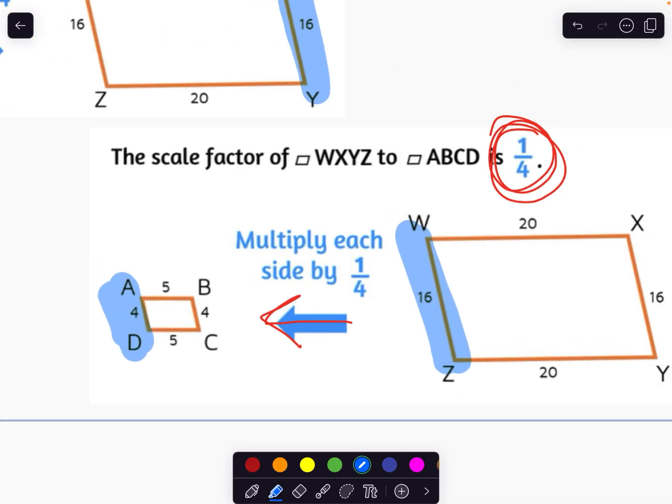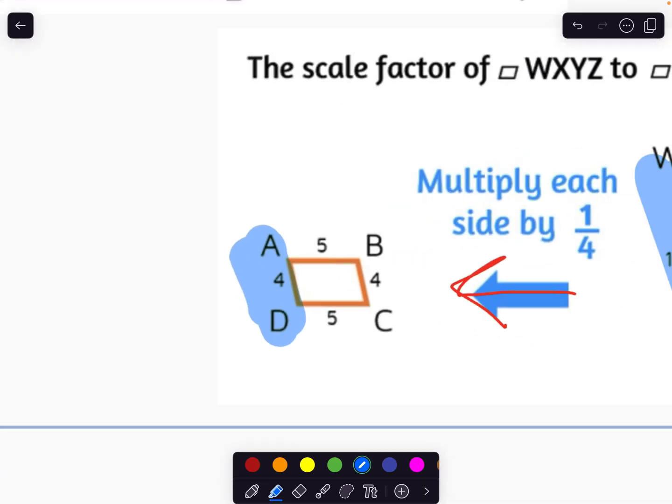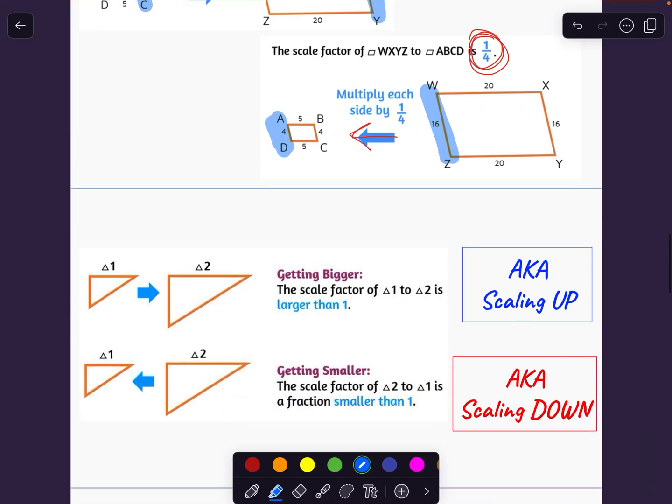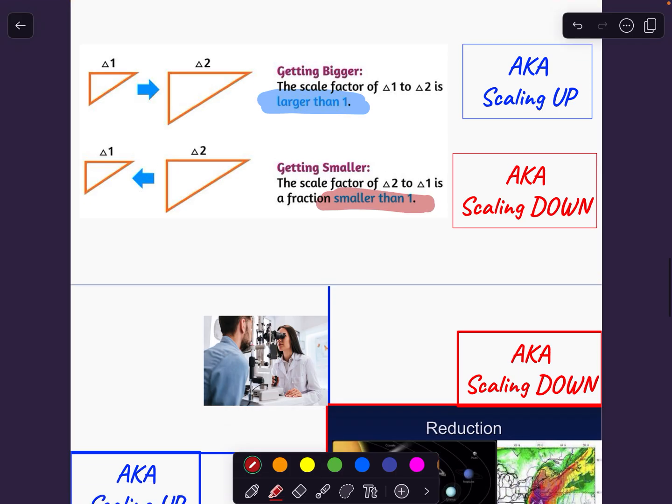So 16 times 1/4 is really just like dividing by 4, and you get 4 over there. So when you get bigger, you scale up. When you get smaller, you scale down. And like we just said, when you're scaling up, the scale factor is going to be larger than 1. When you're scaling down, the scale factor is going to be smaller than 1. It's going to shrink down.